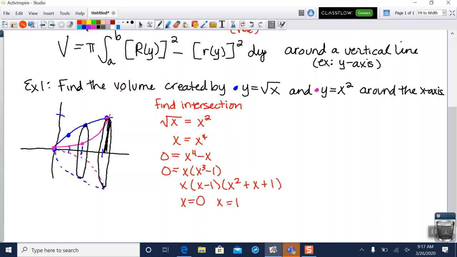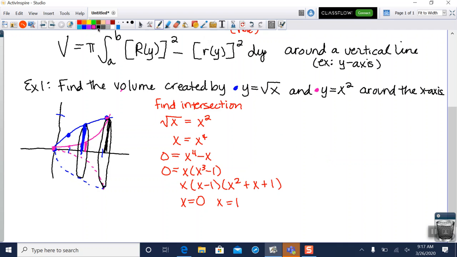Hopefully, if you're looking at the circle, you can see that my outer function, the blue function right here, goes all the way to the x-axis, but the hole in what we're rotating here is being generated by the pink function. So the values from the pink function to the x-axis are what we're going to be subtracting out.